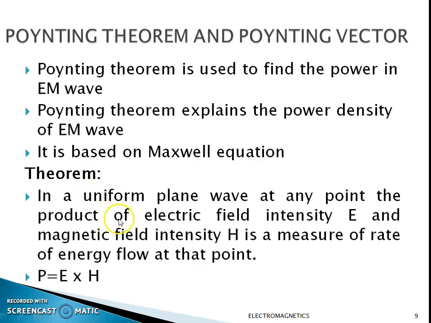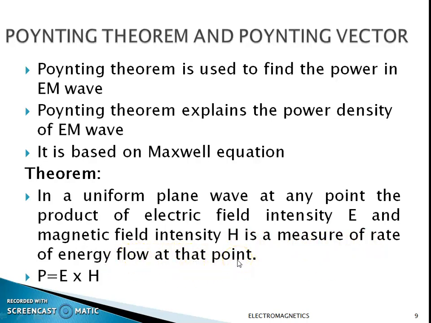The theorem states that in a uniform plane wave, at any point, the product of electric field intensity E and magnetic field intensity H is a measure of the rate of energy flow at that point.